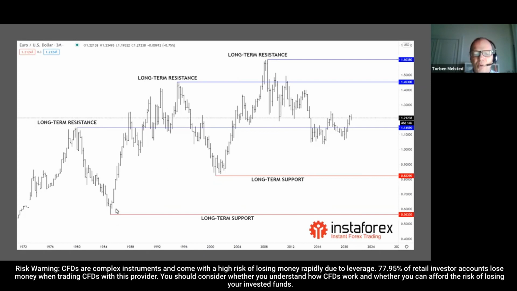The support is where you have the bottoms, as you have here in 1985 and in about 2000. You also had one in about 2016. This one is still open for debate, whether it's going to be a long-term support or just a pause in the medium downtrend. At this point, we don't know.